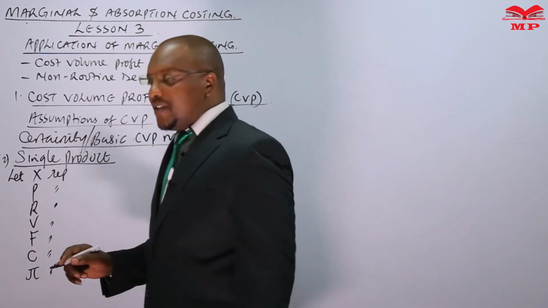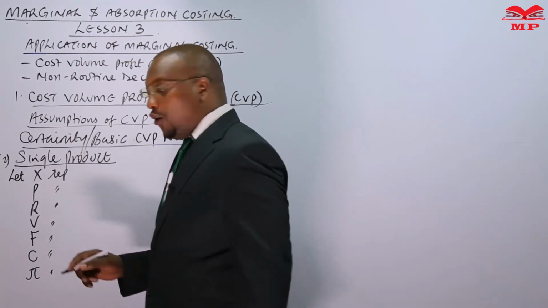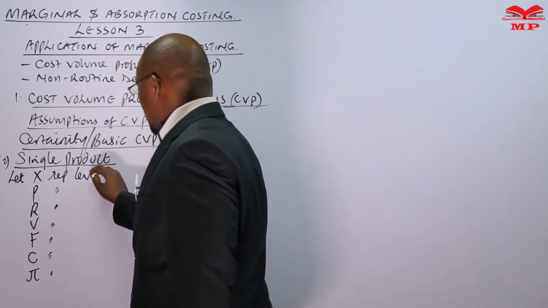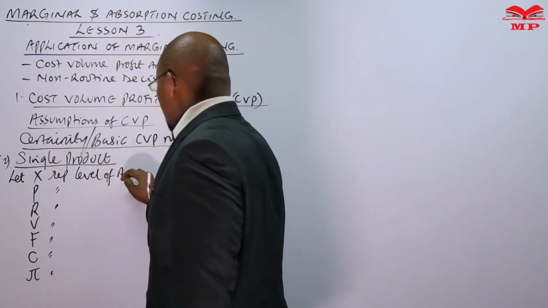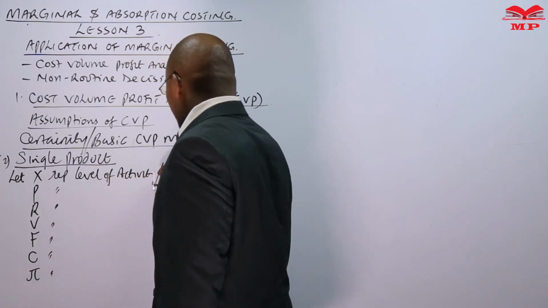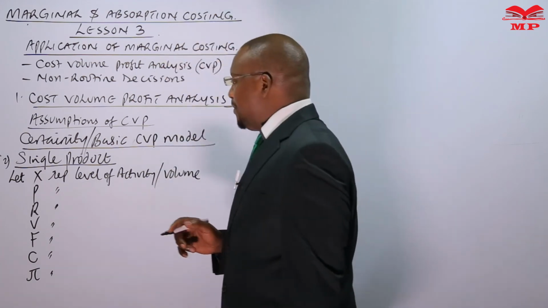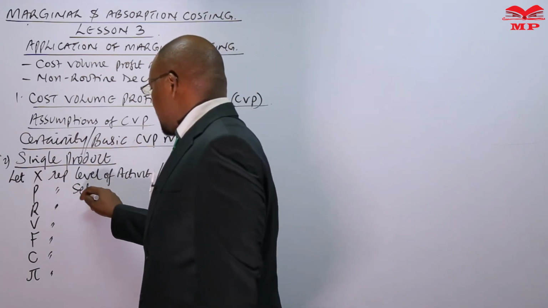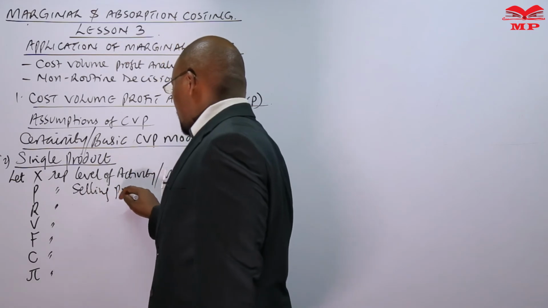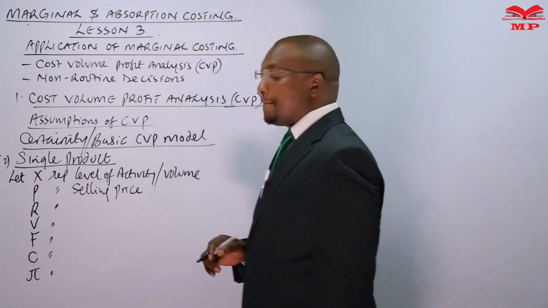That X represents the level of activity, meaning volume or output. Then you have P representing selling price. And selling price, of course, is per unit.